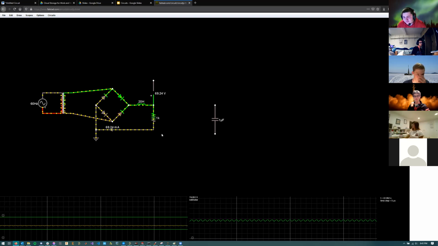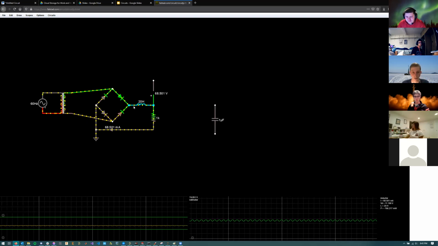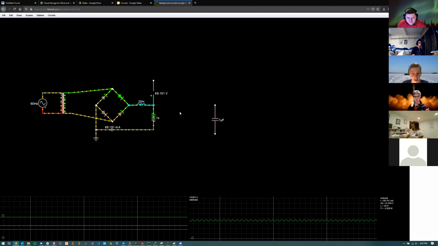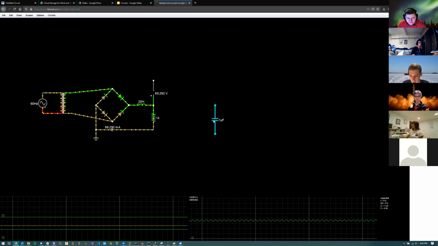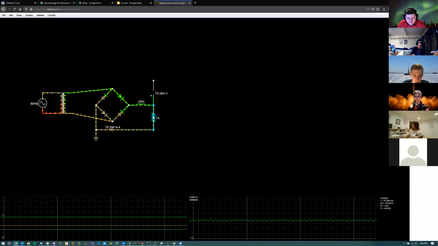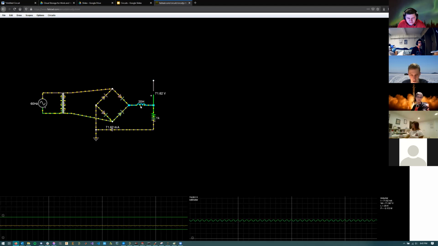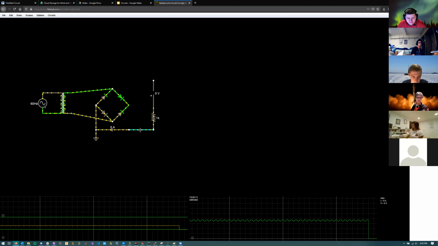This would be an absolutely ridiculous inductor to get any sort of current smoothing. So what we use here is actually just a very large capacitor.